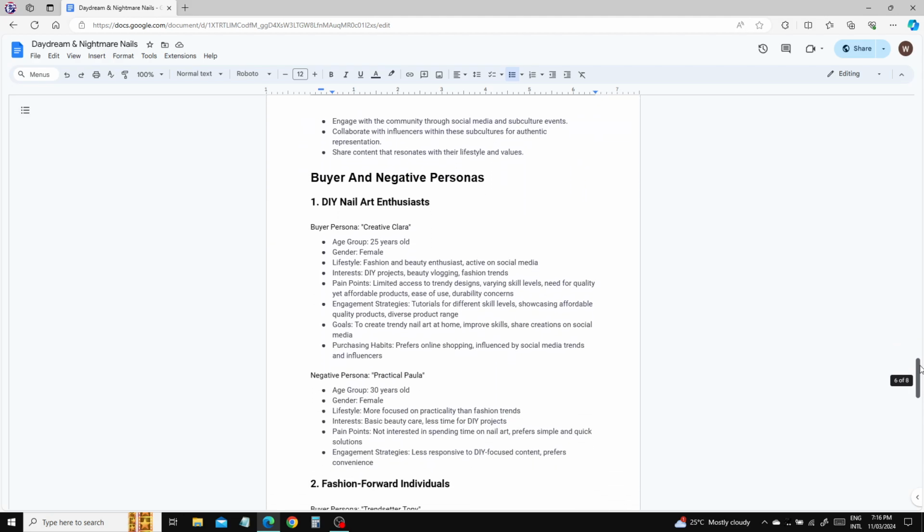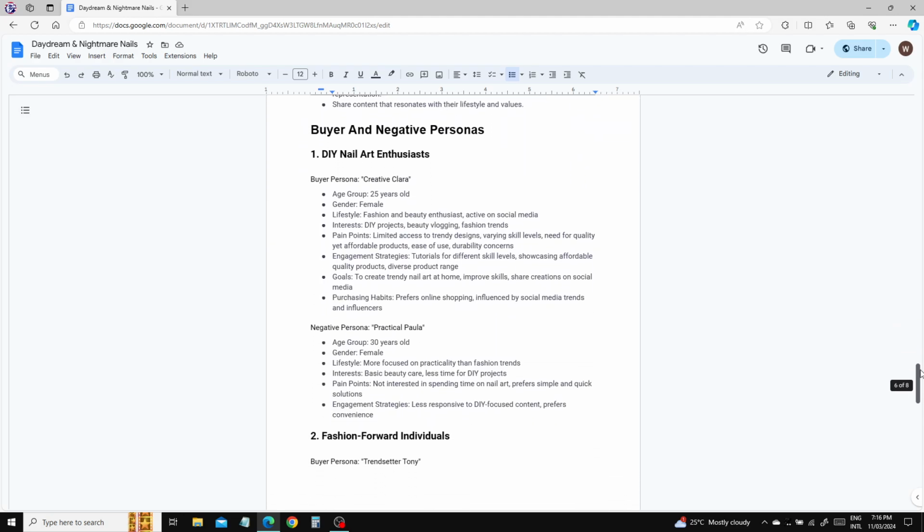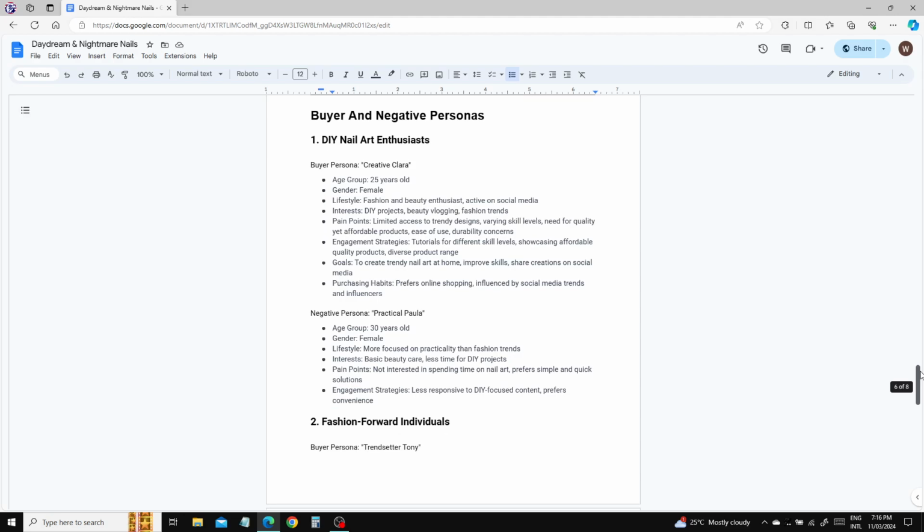Now, here is one of the more powerful aspects: the buyer and negative personas. A buyer persona is basically your ideal client. Now, most brands, in all honesty, unless you're running a general store, will have one buyer and one negative persona. Buyer and negative persona are basically different sides of the same coin.